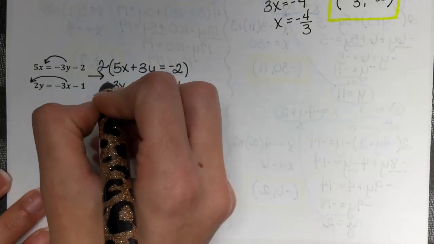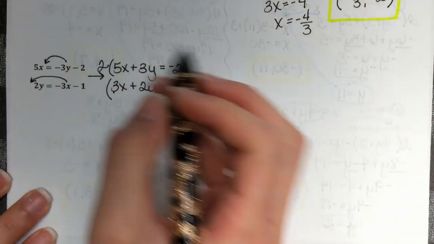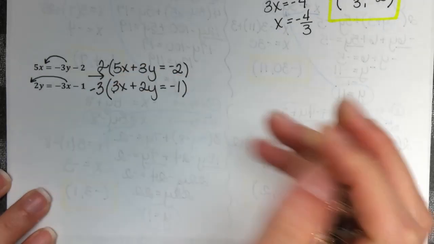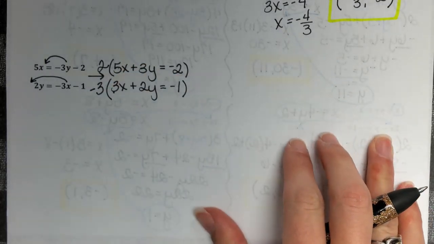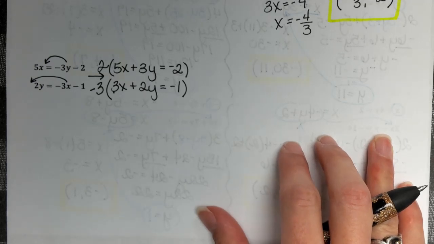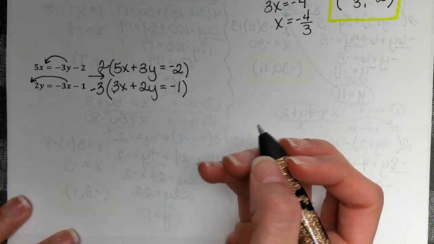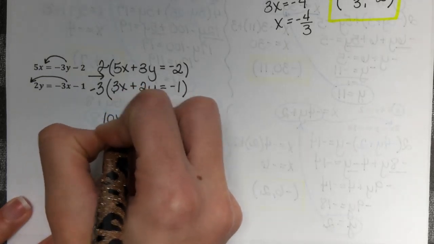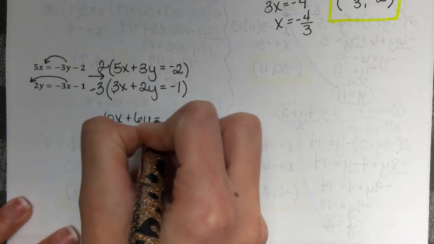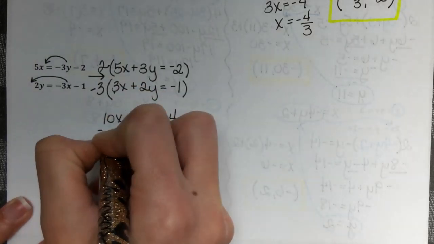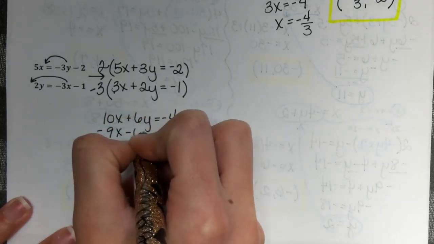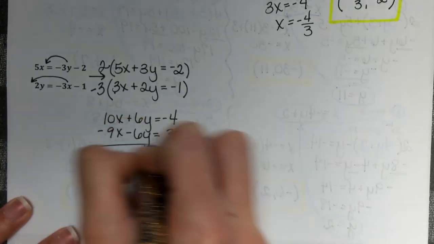So if I do this one by 2, then I'm going to multiply the second one by negative 3. If I would have multiplied the first one by negative 2, then the second one would have been a positive 3. Okay, as long as one of them is negative. So then that gives me 10x plus 6y equals negative 4. And negative 9x minus 6y equals positive 3.